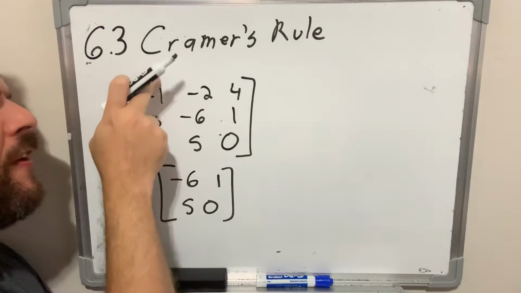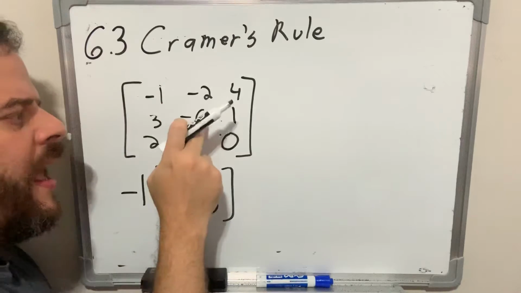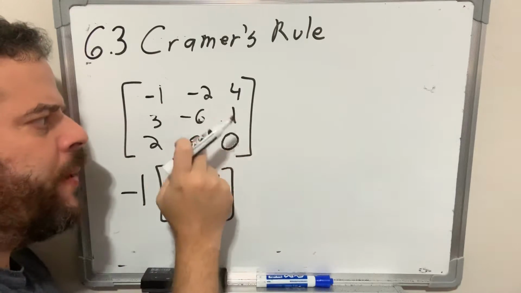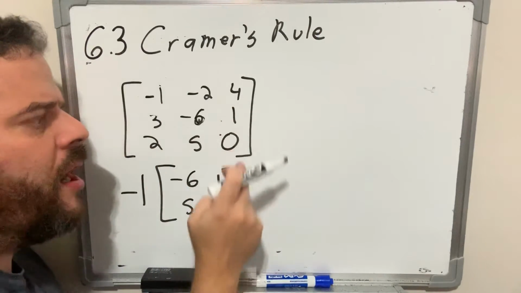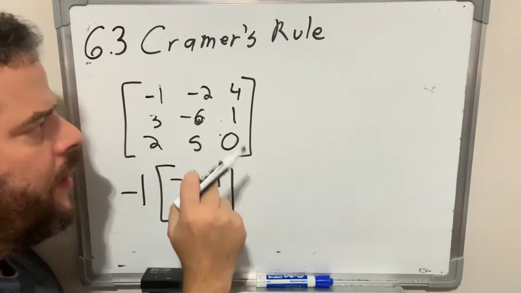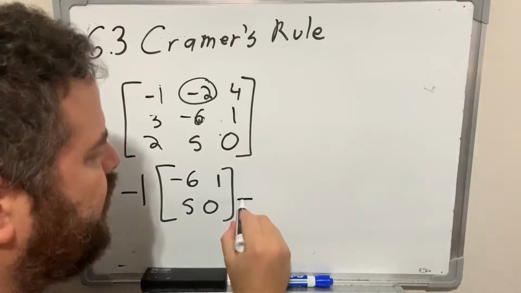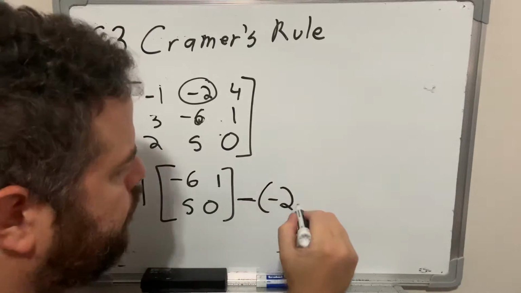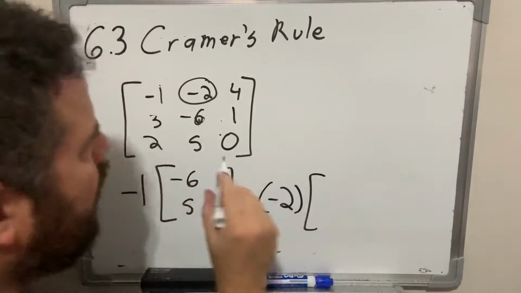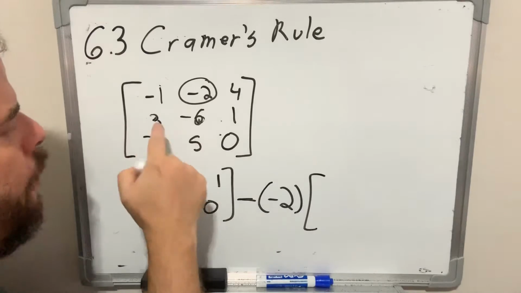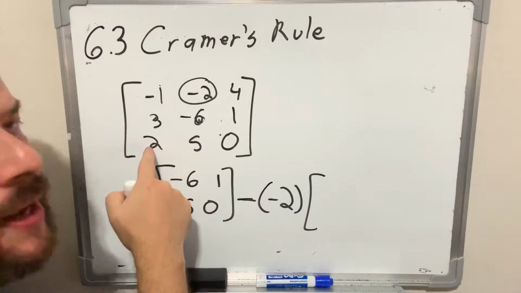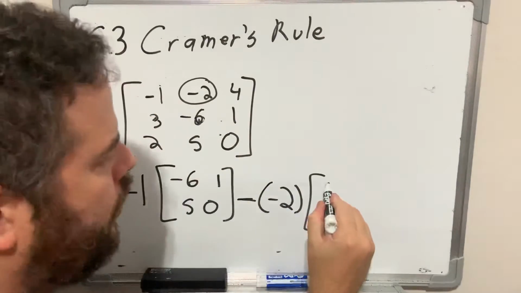You take the first element in the first column and multiply it by the determinant of the other two columns you're not using at the bottom. Then you take the middle number, and you always subtract the middle number, and you multiply it by the determinant of the bottom columns you're not using.